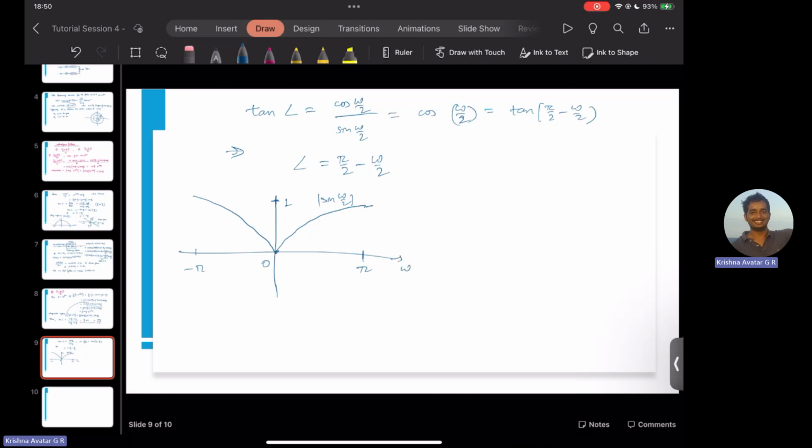It's not differentiable. And for the phase, as we know, this operation is only valid for when omega lies from 0 to pi. And in this case, it goes from here and somewhere here is 0, pi.